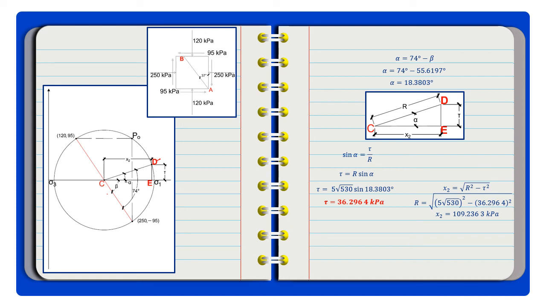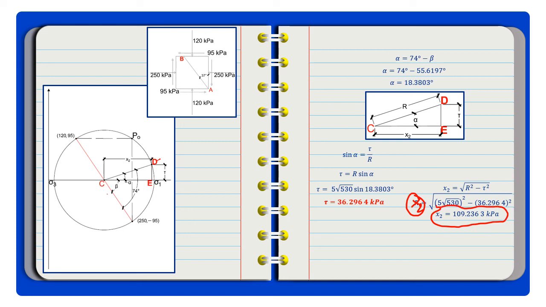So, this is a typo error since that will just be x sub 2. So, that is x sub 2 is equal to 109.2363 kilopascal. So, hindi pa ito yung hinahanap natin na normal stress dun sa plane AB.